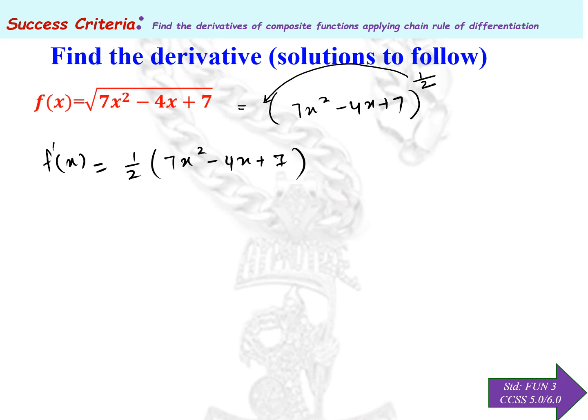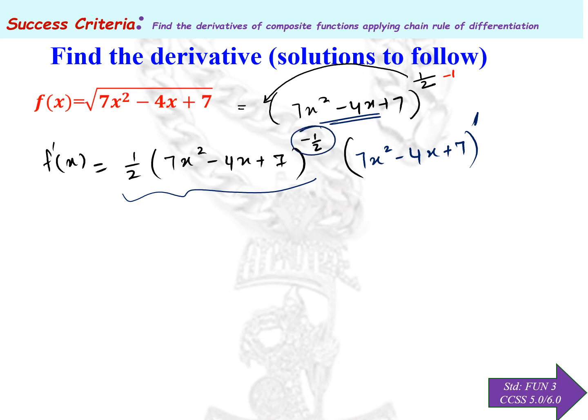From the power we always subtract 1. So half minus 1 will give us negative half. Now write the inner function, which means only the bracket function, as it is, and put a prime. In this step, here there is no prime yet. But there is a negative power.